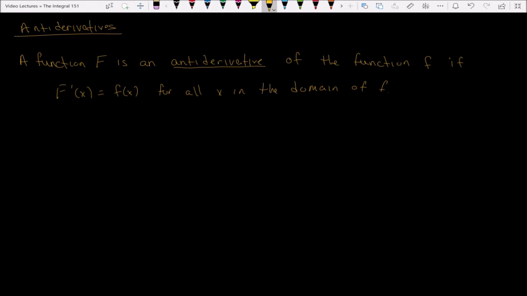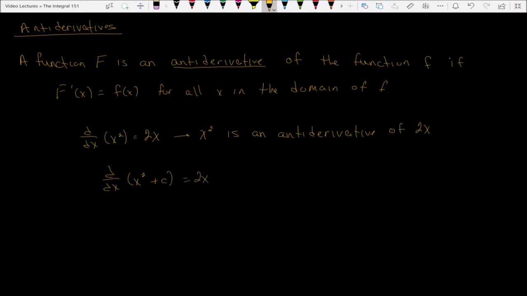For example, notice that the derivative of x squared is equal to 2x. So x squared is an antiderivative of 2x. Also, however, the derivative of x squared plus some constant c also equals 2x. So x squared plus c is also an antiderivative.